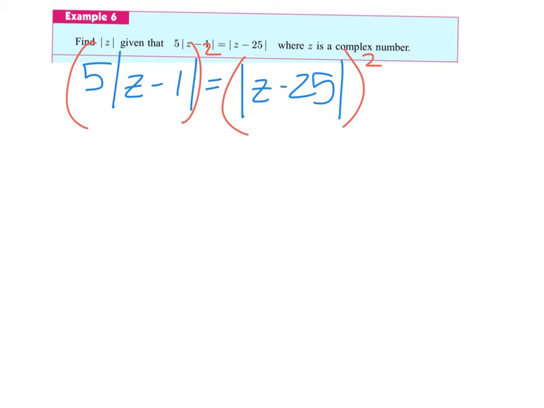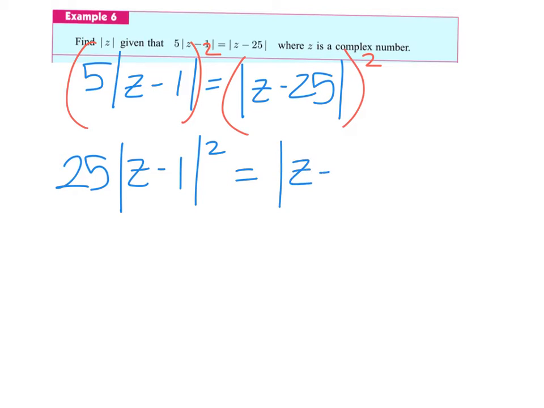The reason that I introduced this idea of squaring is that then I can multiply by the conjugate, and it might clean up things a little bit. Or then I can use that property that we just discussed. So let's do that. Then I end up with 25 times the modulus of z minus 1 squared is equal to the modulus of z minus 25 squared.